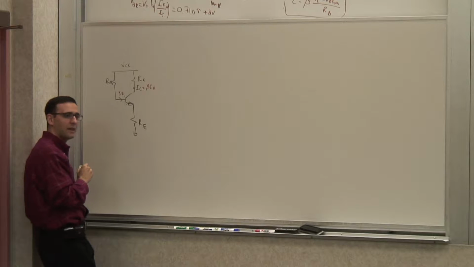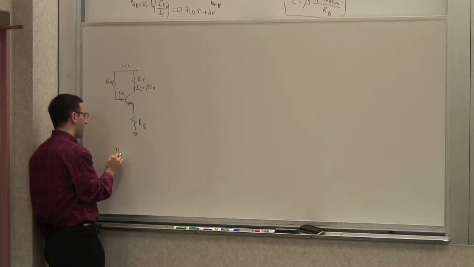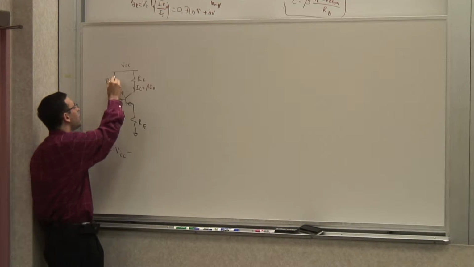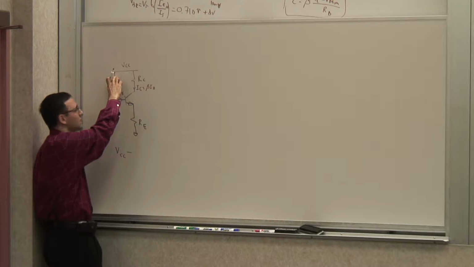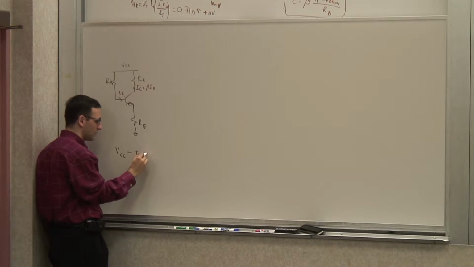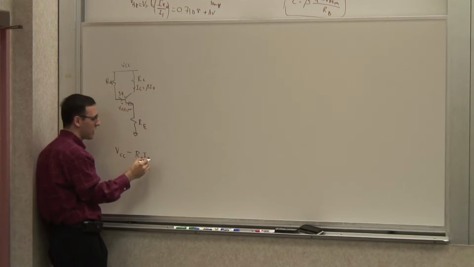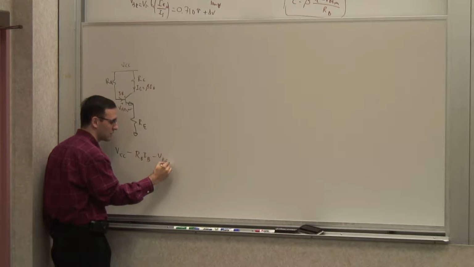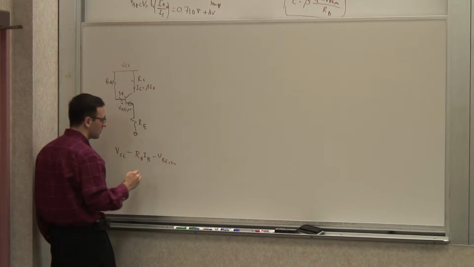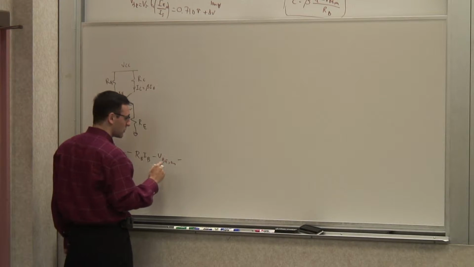Now I can write a KVL from here to there. So I can say VCC minus this voltage drop. What is this voltage drop? IBRB. Exactly, RBIB. Minus this voltage drop, which we said for typical values of the voltages is not going to change much, so let's treat it as a constant for this calculation, VBE, 0.7 volts, minus this voltage, which is what?